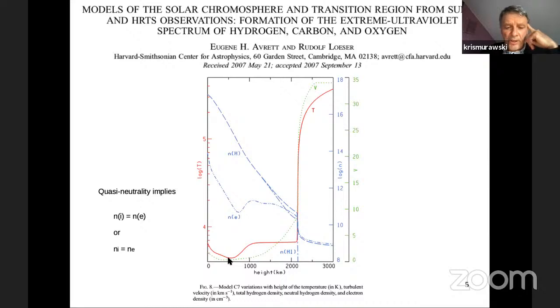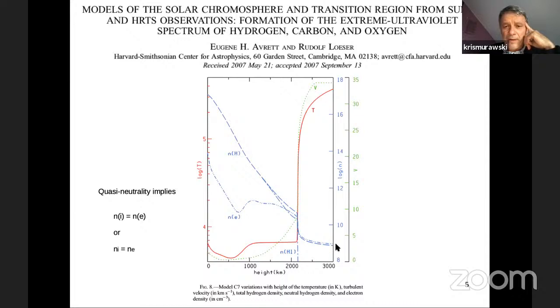This temperature subsides with height, which is expected, but counter to our intuition, this temperature starts rising in the bottom chromosphere until it reaches a sort of plateau over here, and at the transition region, which divides the chromosphere from the high-lying corona, the temperature reaches, say, megakelvin values.